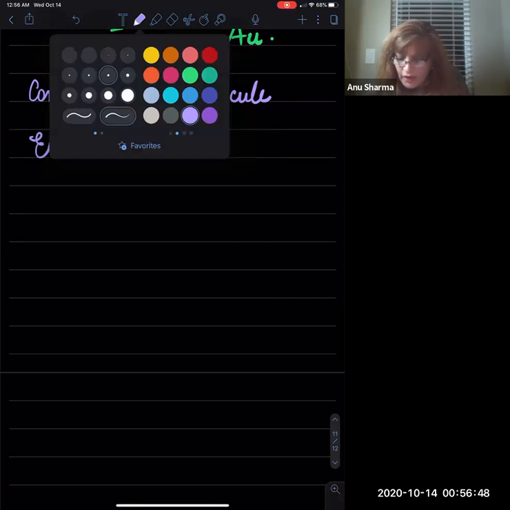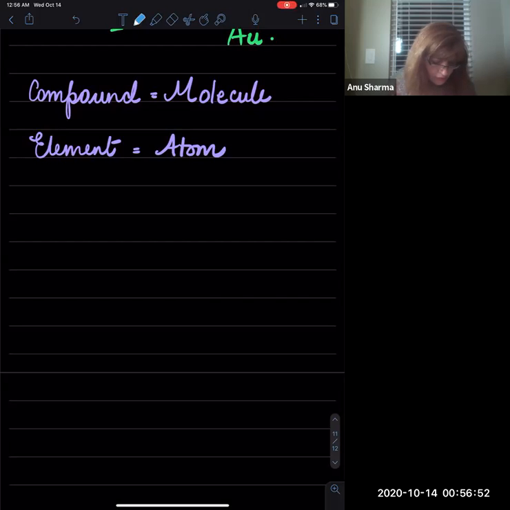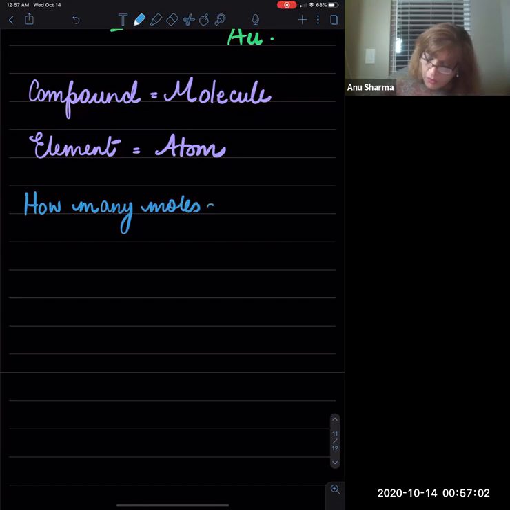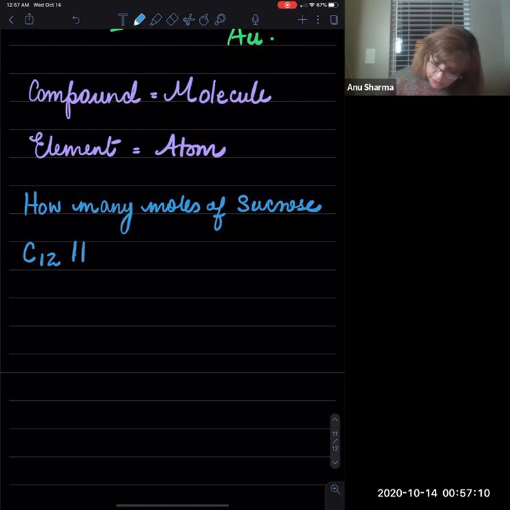So now we are looking at how many moles of sucrose. Here's a question: how many moles of sucrose? Now this is an organic compound, and its formula is C12H22O11.